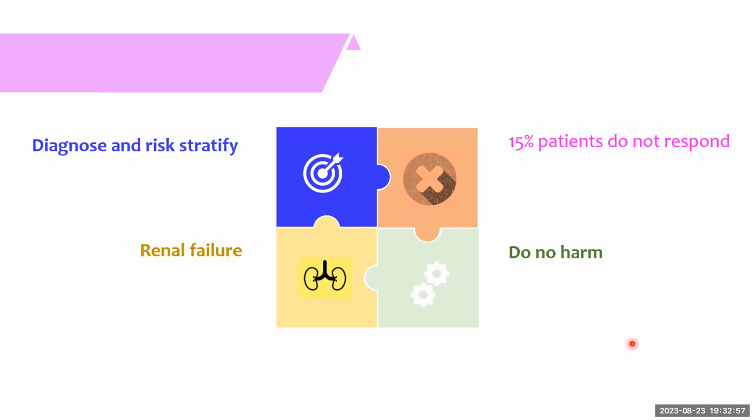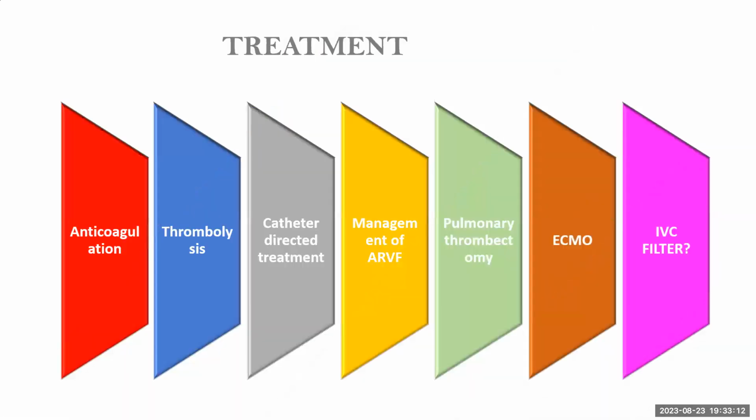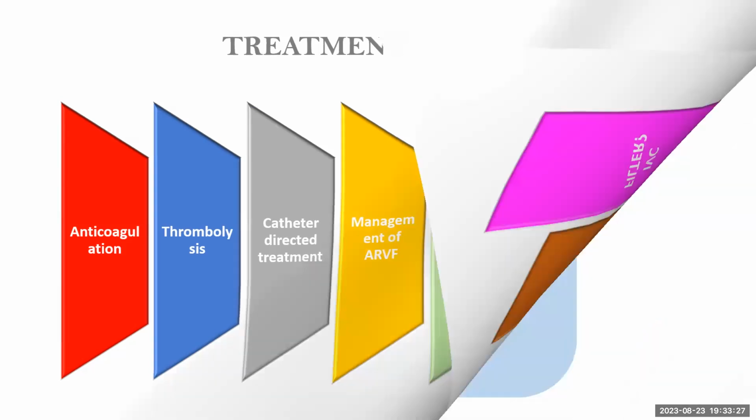So be very careful in choosing your anticoagulation and thrombolysis strategy, and be aware of renal failure, because if you're going to anticoagulate, then renal failure becomes a consideration, especially if you are using low molecular weight heparin. So the treatment options apart from thrombolysis are anticoagulation, catheter-directed treatment, management of acute right ventricular failure, pulmonary thrombectomy, ECMO, and IVC filter.